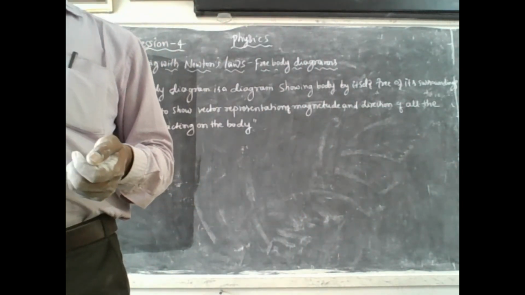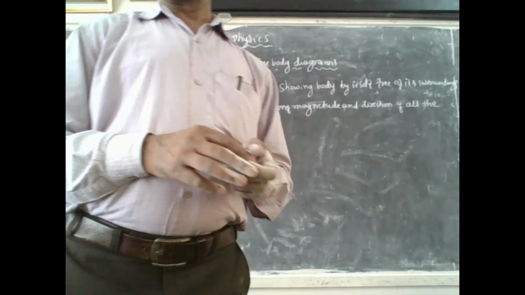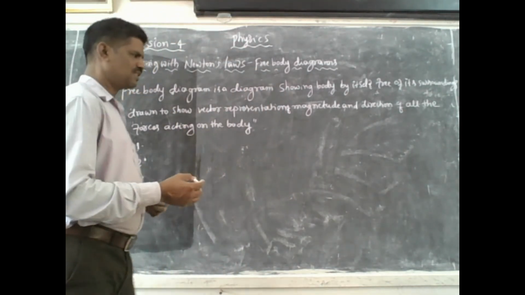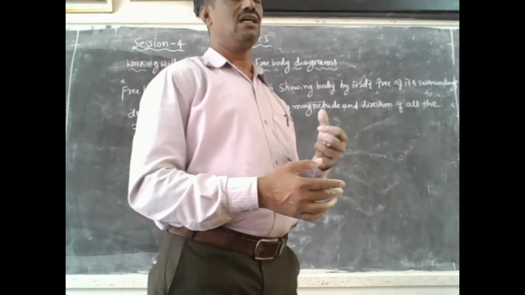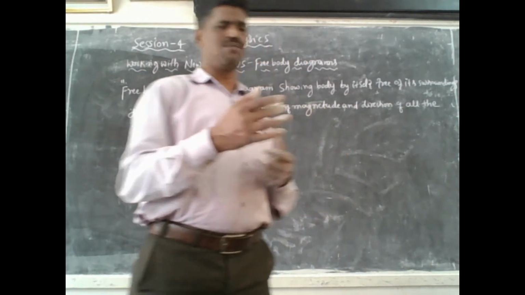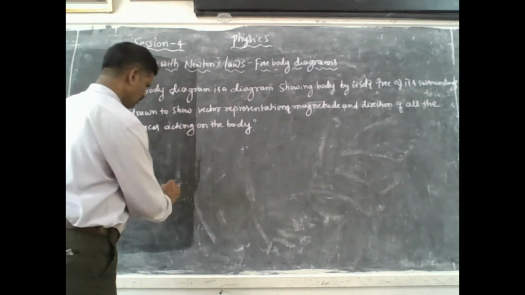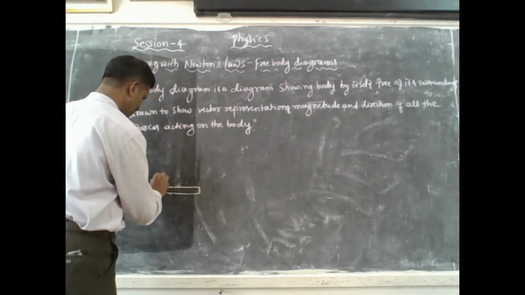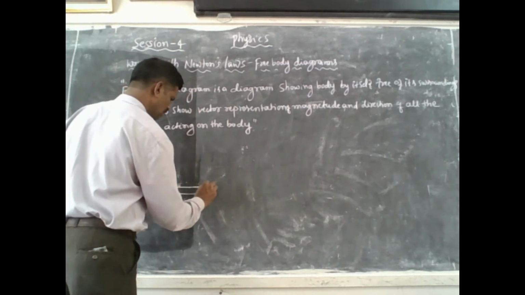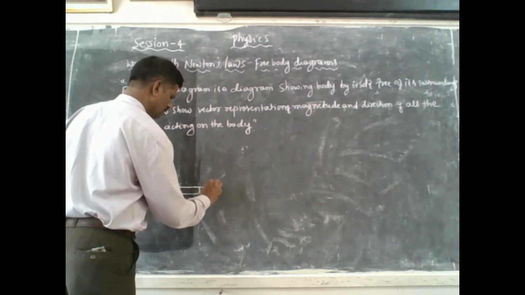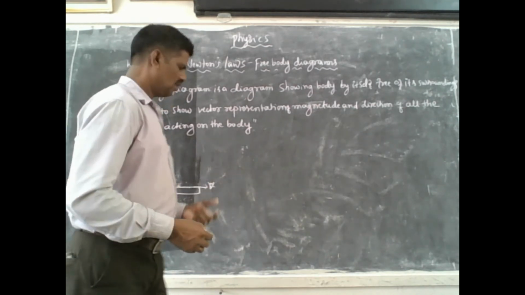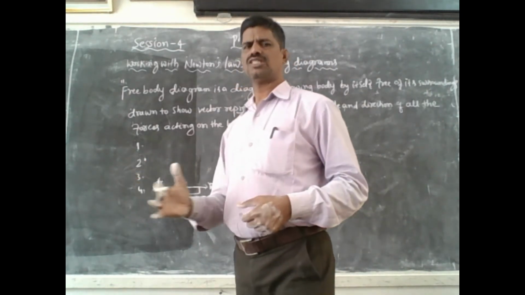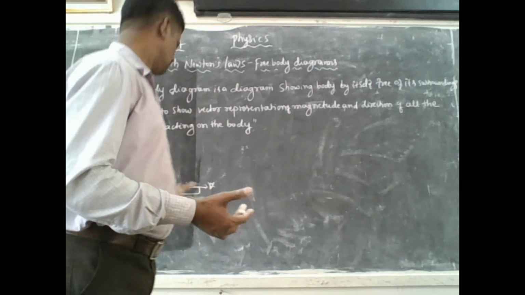The fourth point is that frictional force develops relative to the motion of another body, that is, in the opposite direction. This is the frictional force, and this is the velocity of the body in the forward direction. The frictional force develops in the opposite or backward direction, isn't it?